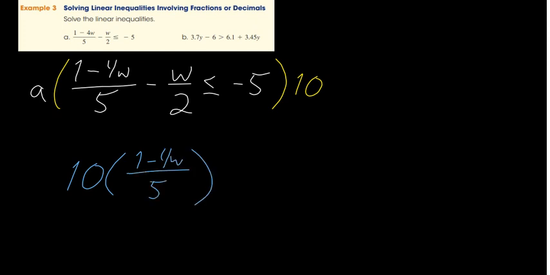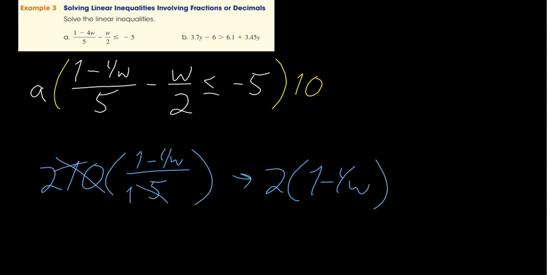And then we know that the 10 and the 5 cancel, so we're going to have 2 times 1 minus 4w, because we end up with 2 times that. That's the procedure and how we go about doing this. Instead of writing it out every time, I'm just going to write 2 times 1 minus 4w, but I wanted to show you that.